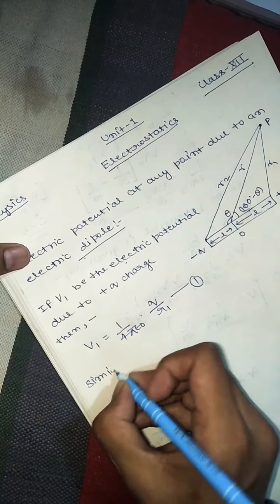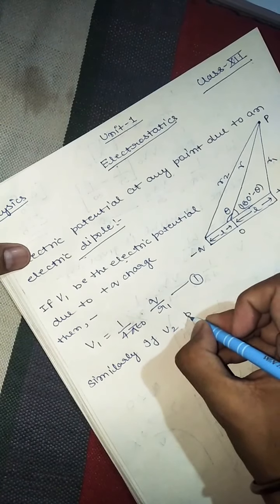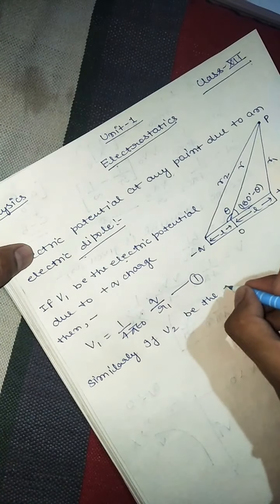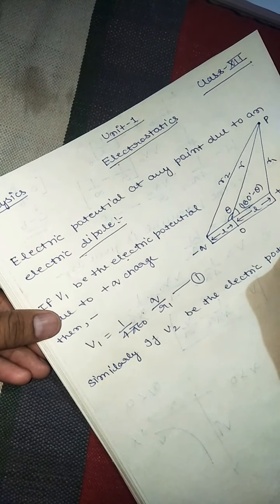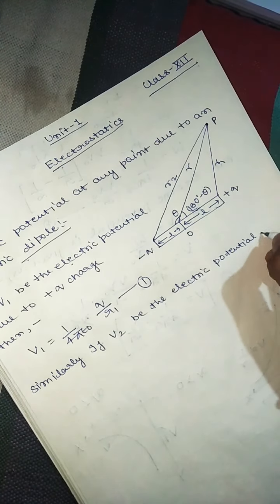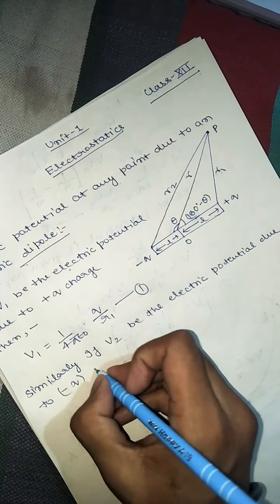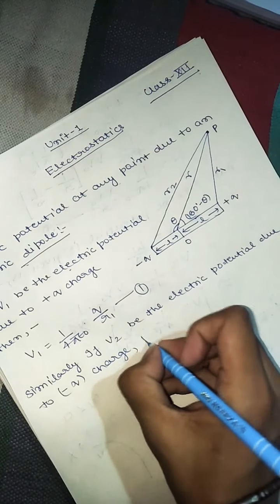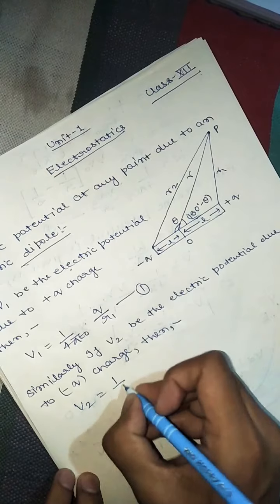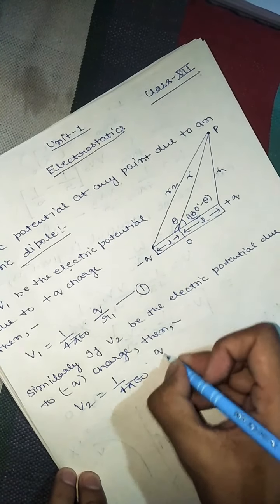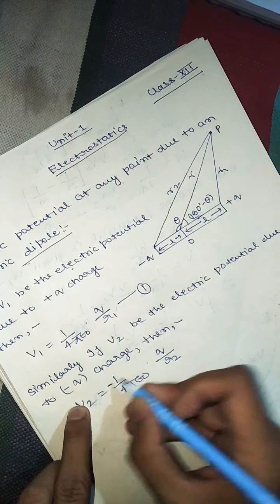Similarly, if V2 be the electric potential due to negative q charge, then it may be given as V2 equal to 1 upon 4 pi epsilon naught q upon r2, but it is negative q charge, so here there would be a minus sign.